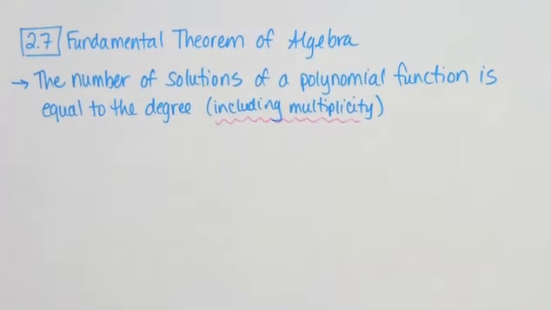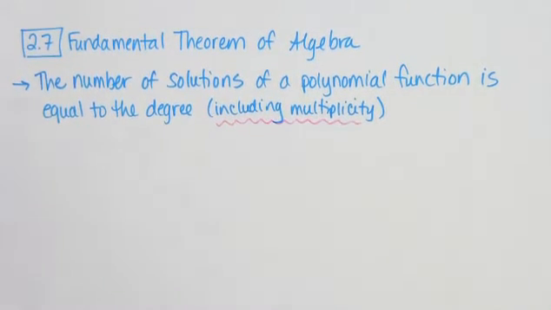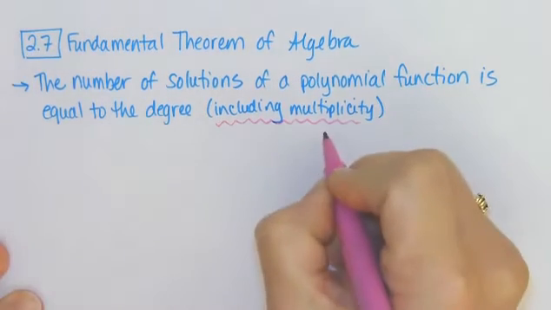So, again, I know you guys know this. What you guys would do is you would look at the degree of a polynomial. So if it was 3, you guys would look for 3 solutions. Now, multiplicity. What multiplicity is really saying is that a solution might appear more than once.